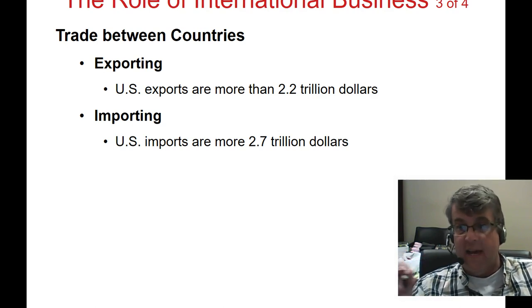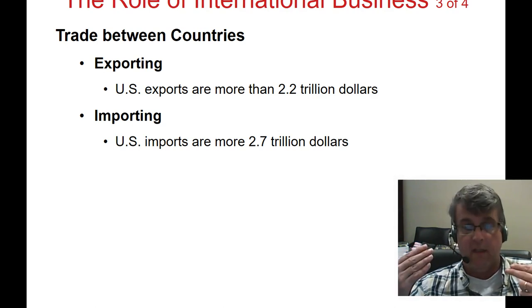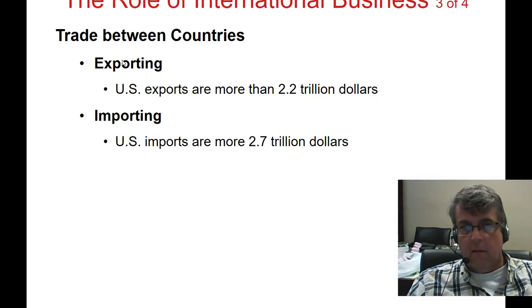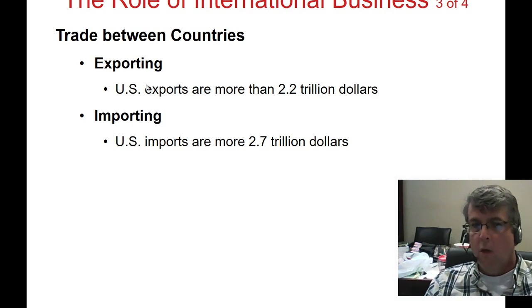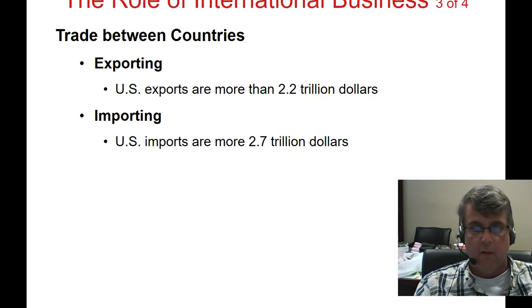The US is exporting the 777. The Chinese airline in China is the one importing the 777.